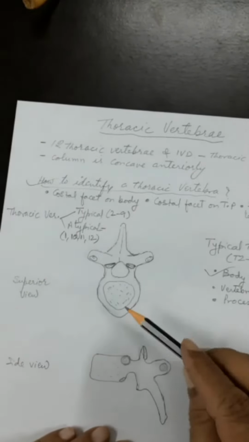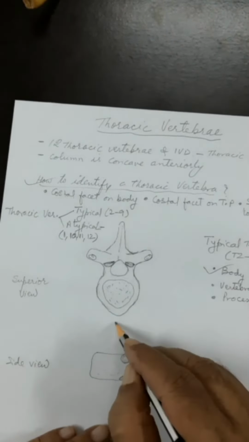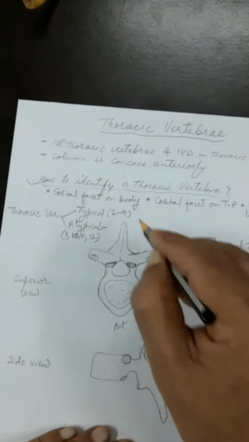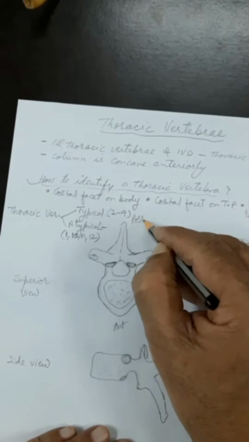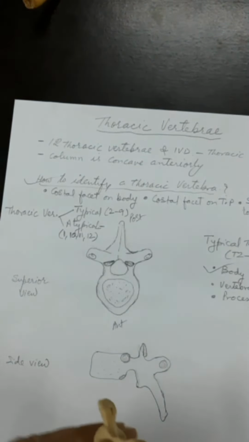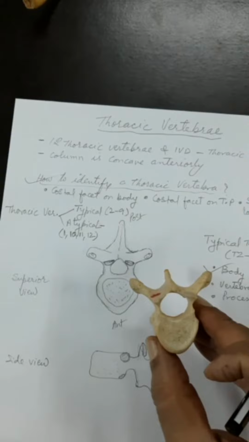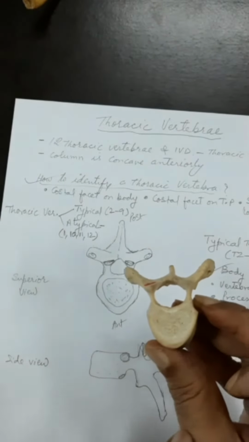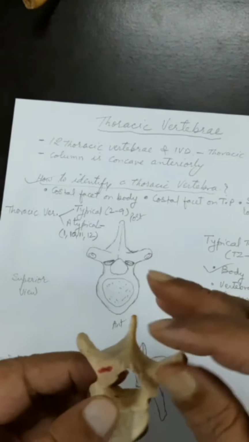Now the body is anteriorly placed. So this is the anterior aspect and the spine is posteriorly placed. So always keep the vertebra like this, where the body is placed anteriorly and the spine posteriorly.